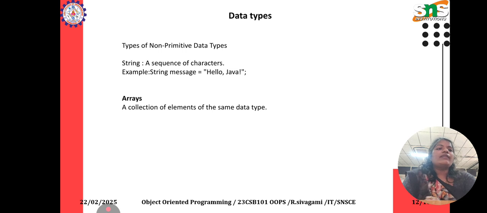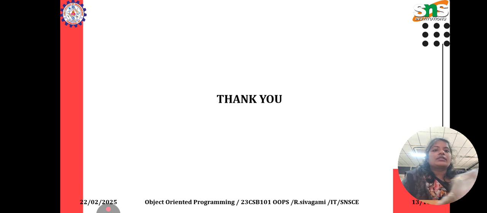Why do we use an array? In other data types we store one value in one variable, but with an array variable we can store more than one value in a single variable. But one condition is that all the elements should be of the same data type. Thank you all.